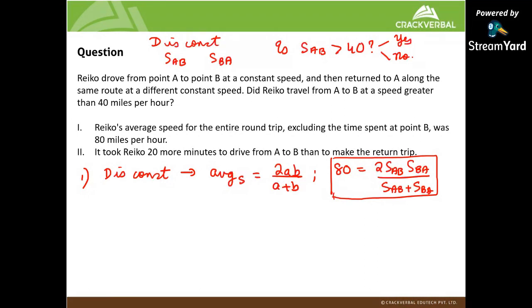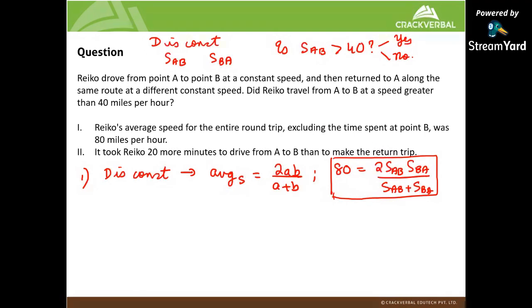If you find yourself discarding a statement without actually proving it to be insufficient, you're falling for really well laid traps. When you get to an equation, don't just assume it's not going to be sufficient because it has two variables. You try to put in some values, or you try to mathematically manipulate it such that it answers the question with a yes or no. Don't let a statement go like that.